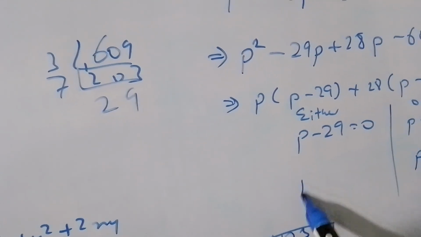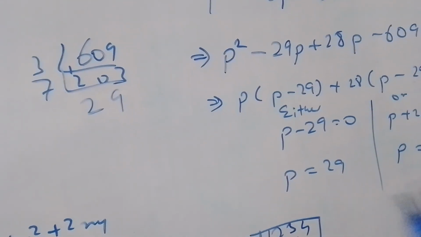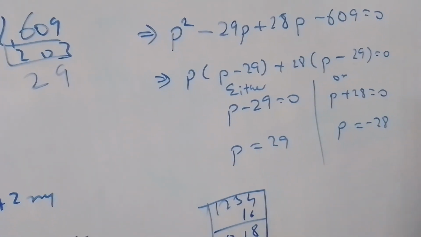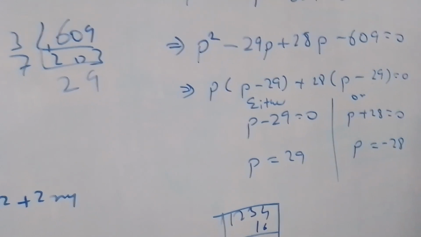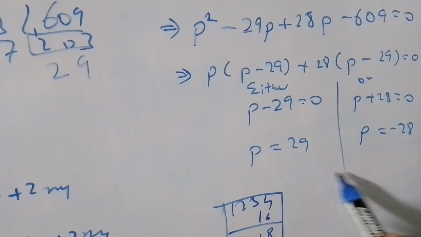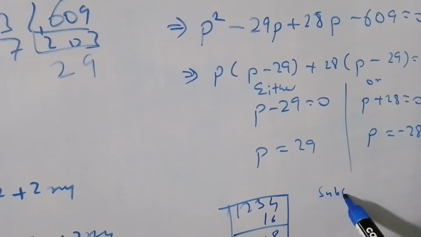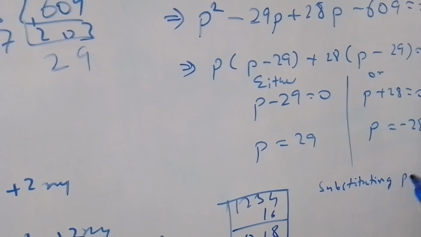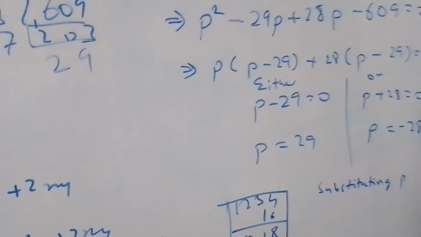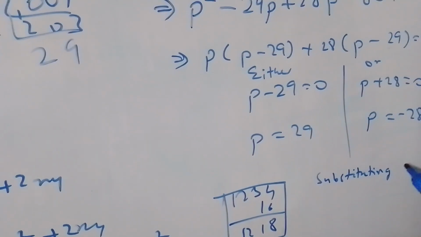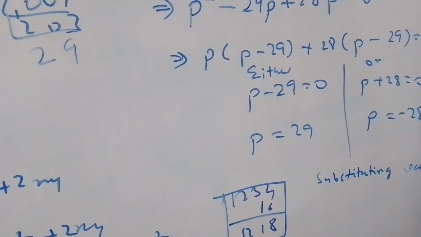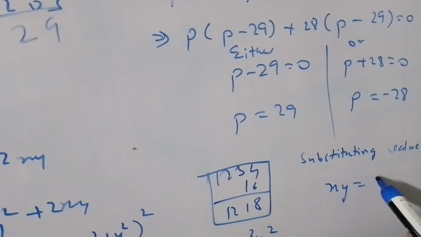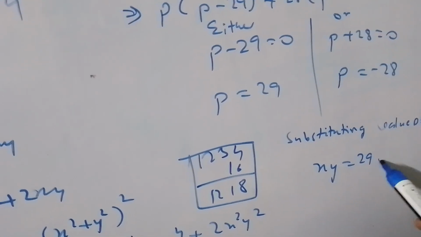So p equals 29 or p equals minus 21. So from this, substituting p, it's basically xy equals 29 or minus 21.